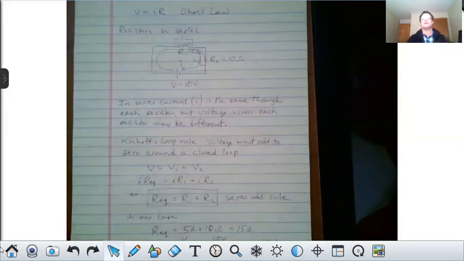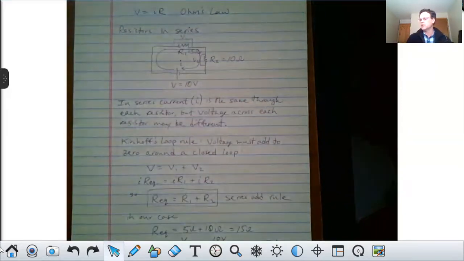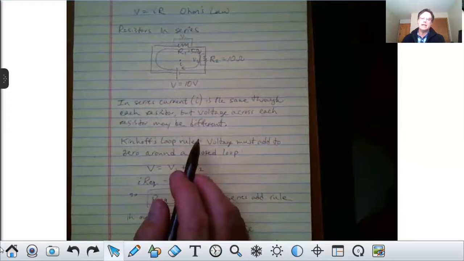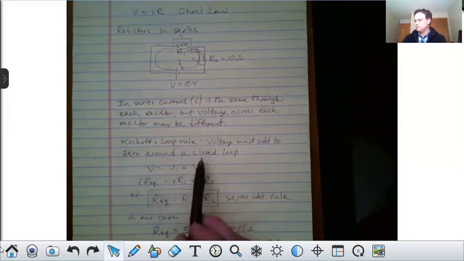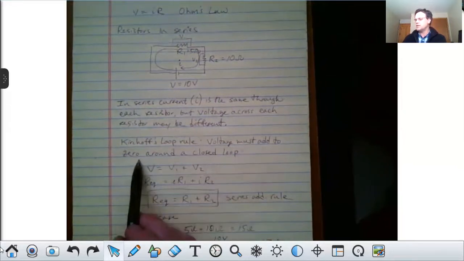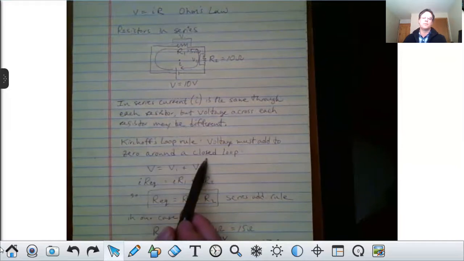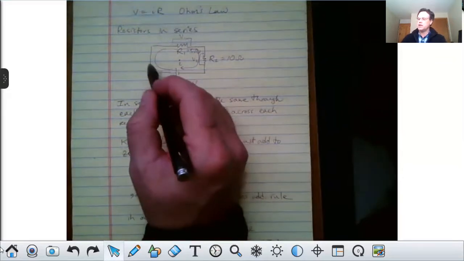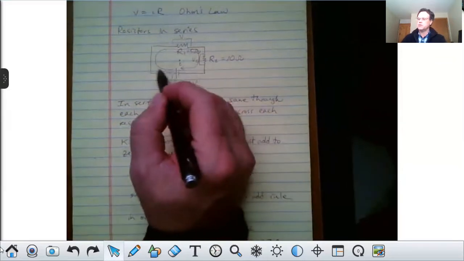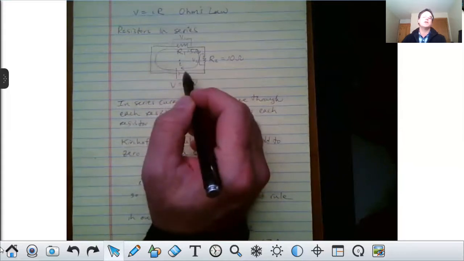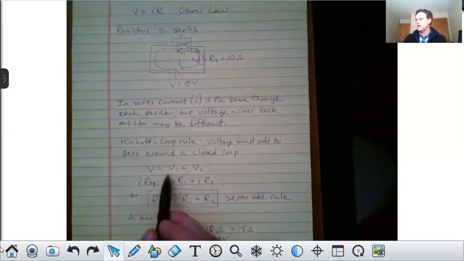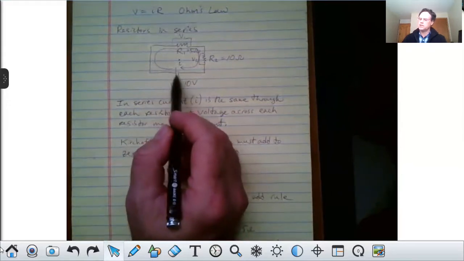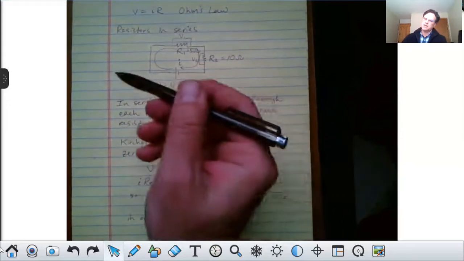They may be different if the resistances are different, but they are related through something called Kirchhoff's loop rule, which says voltage must add to 0 around a closed loop. So the point is, if I go around a loop in a circuit, go out and then back to where I started, a closed loop, the voltage has to add up to 0, which in our case means that the voltage across the battery, I'd say that's a voltage gain.